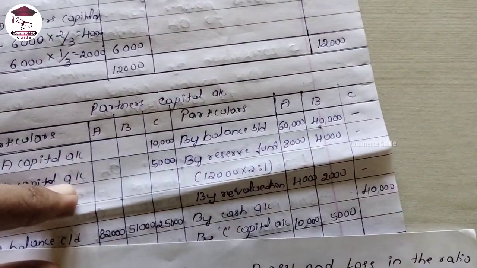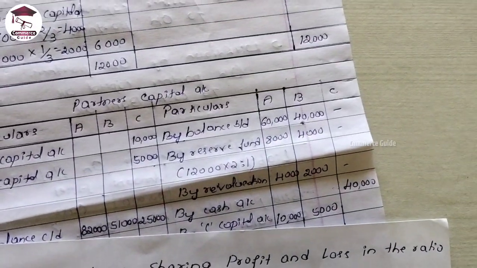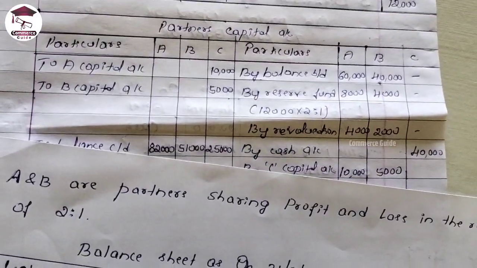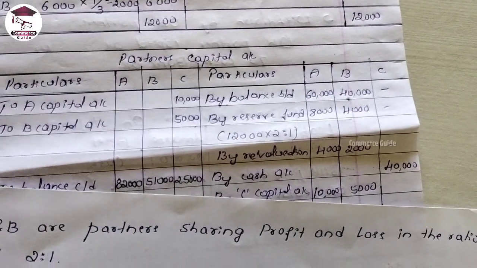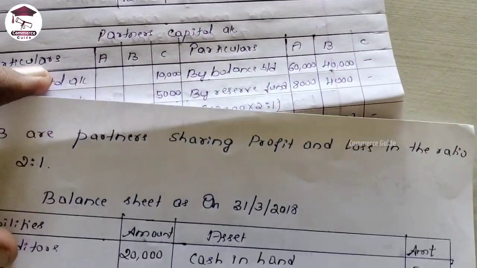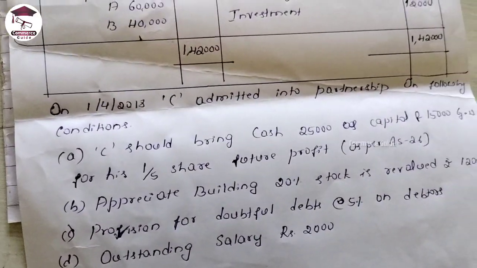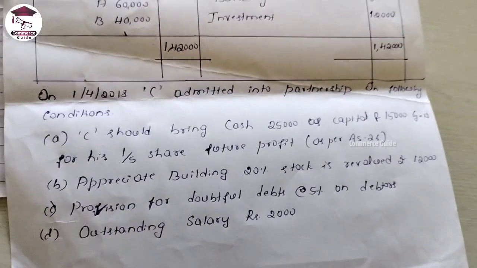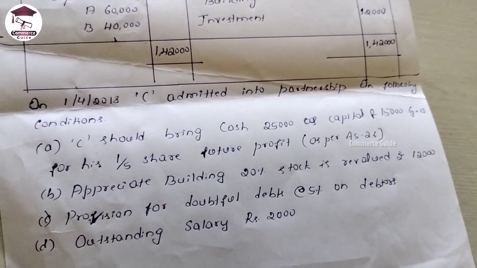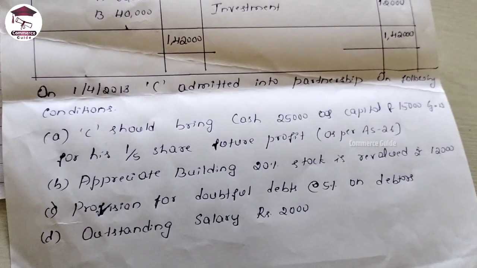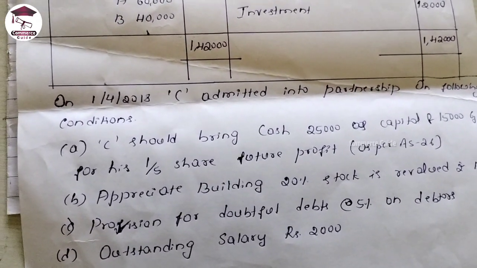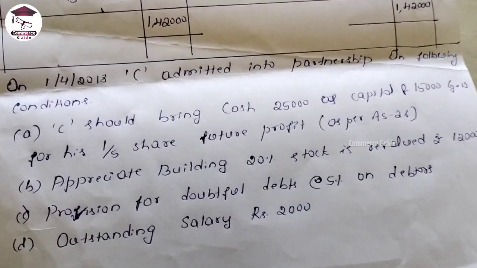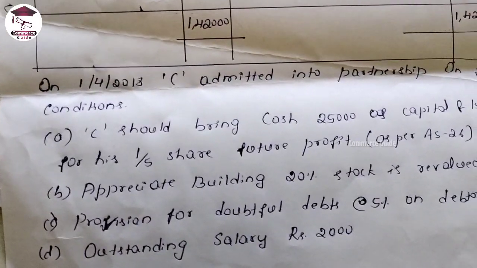So in the partners capital account we need to write the opposite entry, by revaluation account 4,000, 2,000. After these items, the adjustment we can see is C should bring cash rupees 25,000 as capital and 15,000 goodwill for his 1/4th share of future profit as per AS 26. So for this adjustment you need to know the journal entries first.